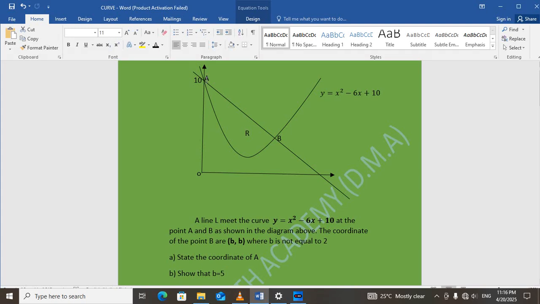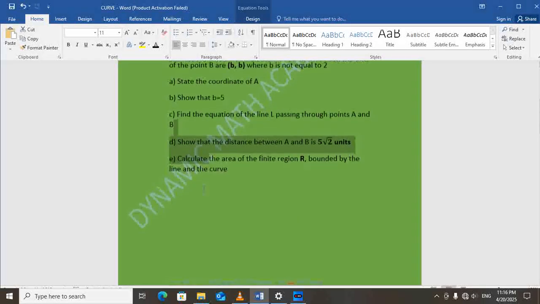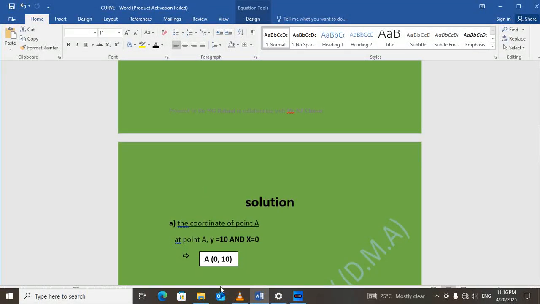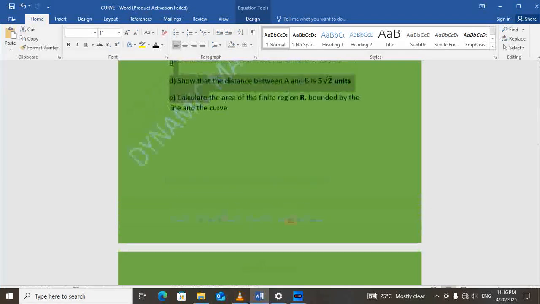At this point, we realize that the y coordinate is 10, and the x coordinate is 0, at the origin. So the point A should definitely be (0, 10), because we write the x coordinate first before the y coordinate. Hope that's clear.